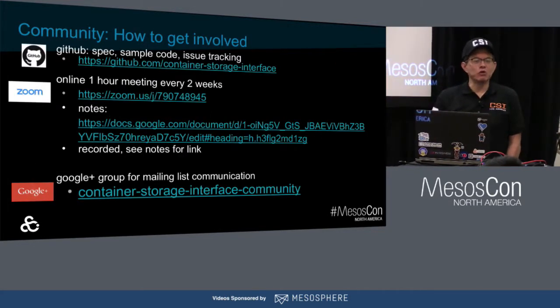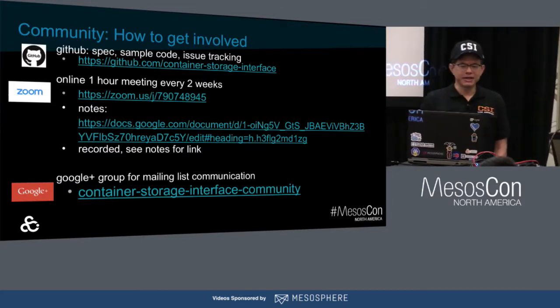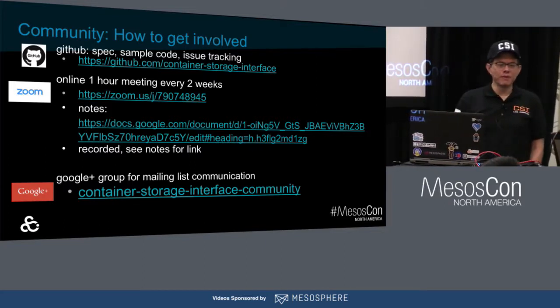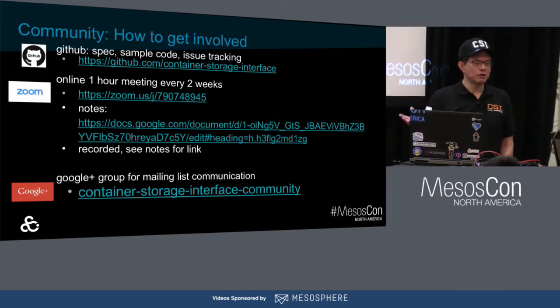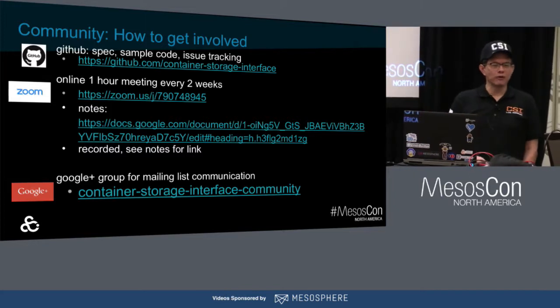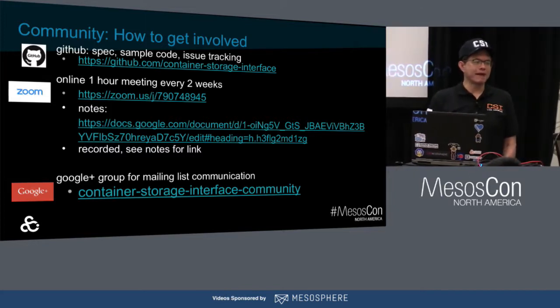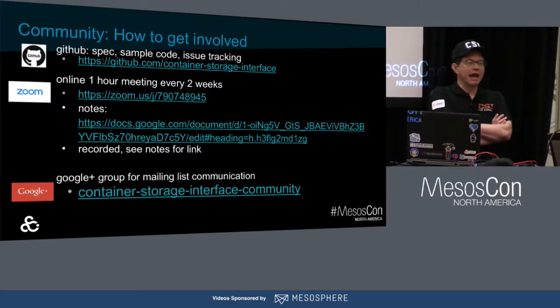Finally, in community, this stuff is underway now. We've got a number of storage providers working on this, as well as all the major container orchestrators. But there's room here, if you're a user or consumer of a container orchestrator, to get involved in this program. It's a great opportunity because, as I mentioned, on the roadmap we have plans to support snapshots, which would enable backup strategies and a number of other features.